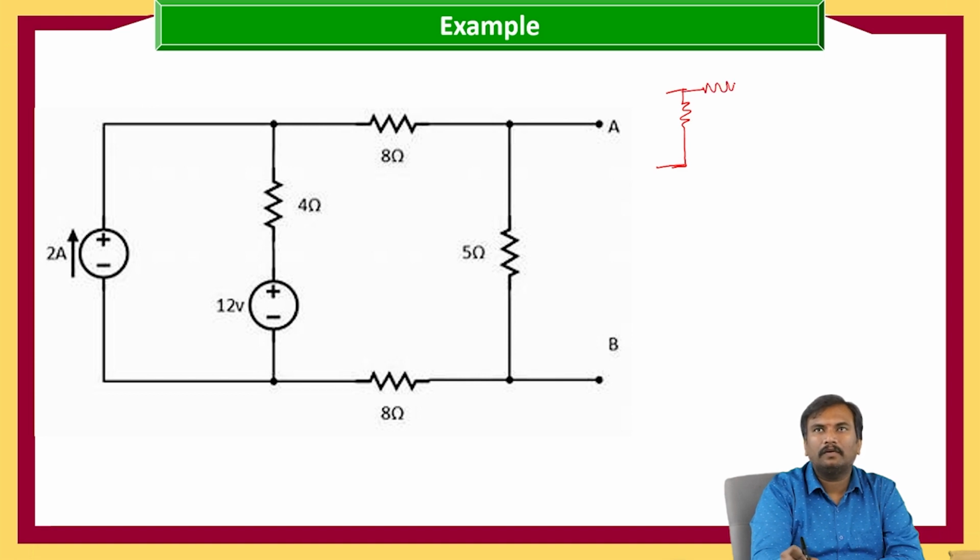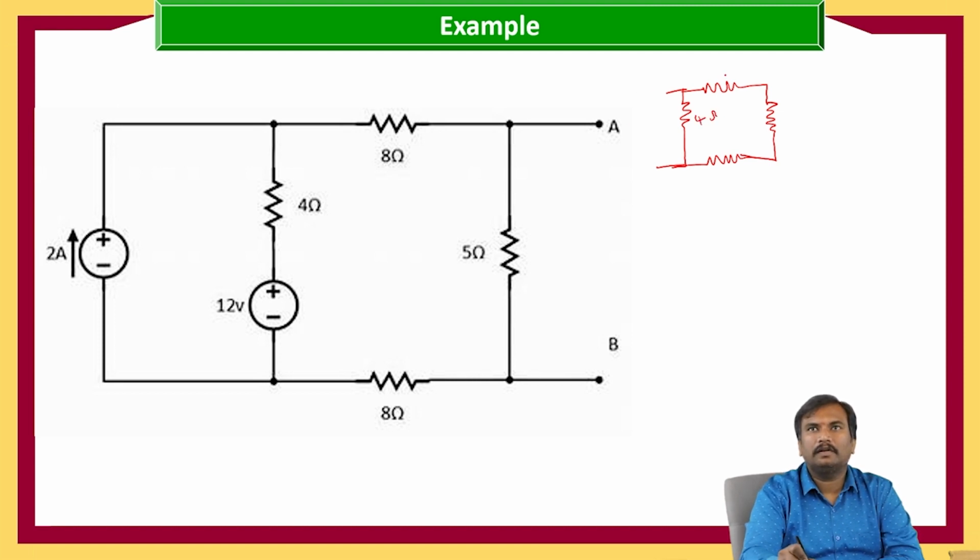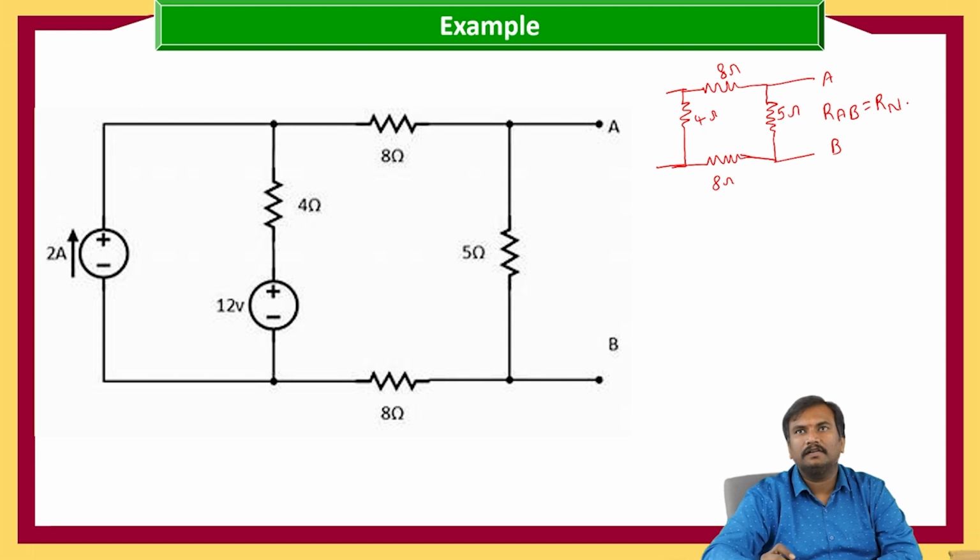Now, here 4 ohms, 8 ohms, 5 ohms, 8 ohms. We need to calculate RAB, that is nothing but Norton resistance.